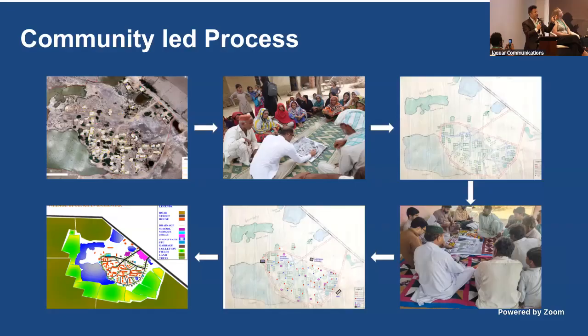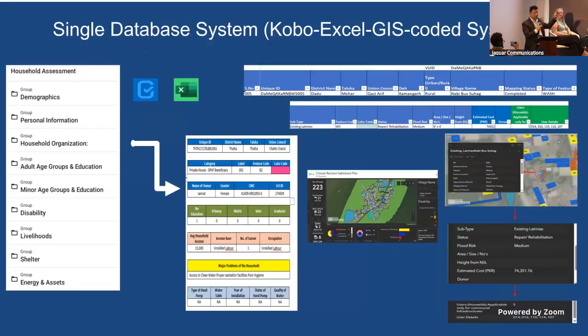Again, we had to make sure that we are trying to bridge the gap between macro level planning, where government does the high level planning, and the community micro level planning, where community identifies the needs and contributes to the process. Bridging those and integrating both in a system is very complex, challenging, but that is one of the useful outputs that we were able to do.